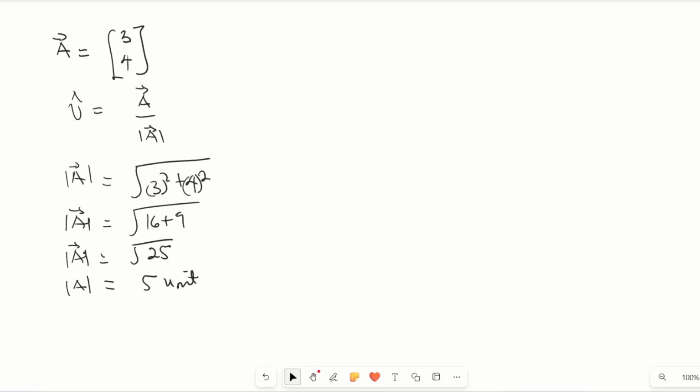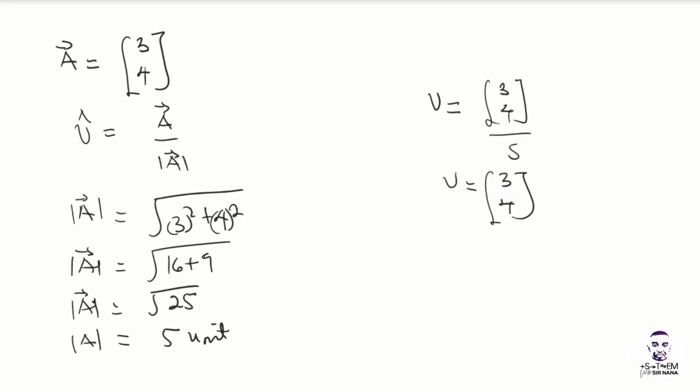So our unit vector u should be equal to (3, 4), which is our vector, all divided by the magnitude, which is 5. Because division is not possible with vectors, we will multiply by 1 over 5.